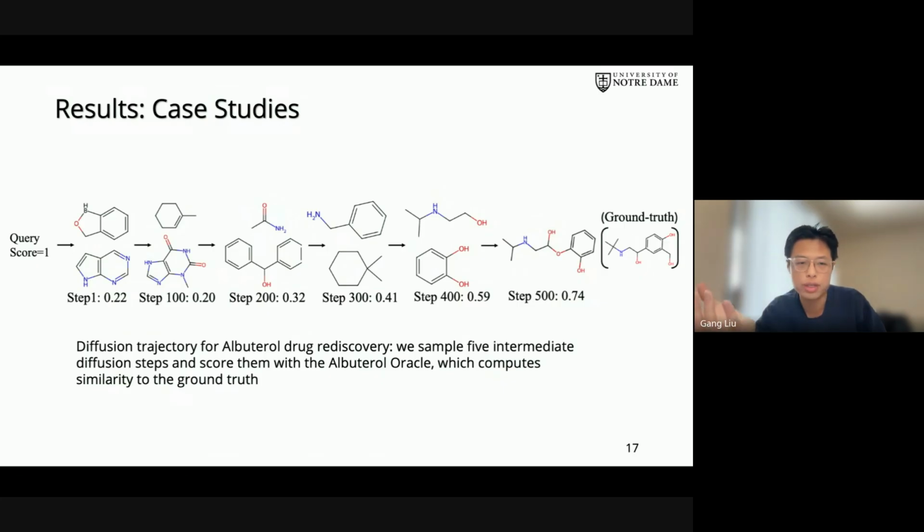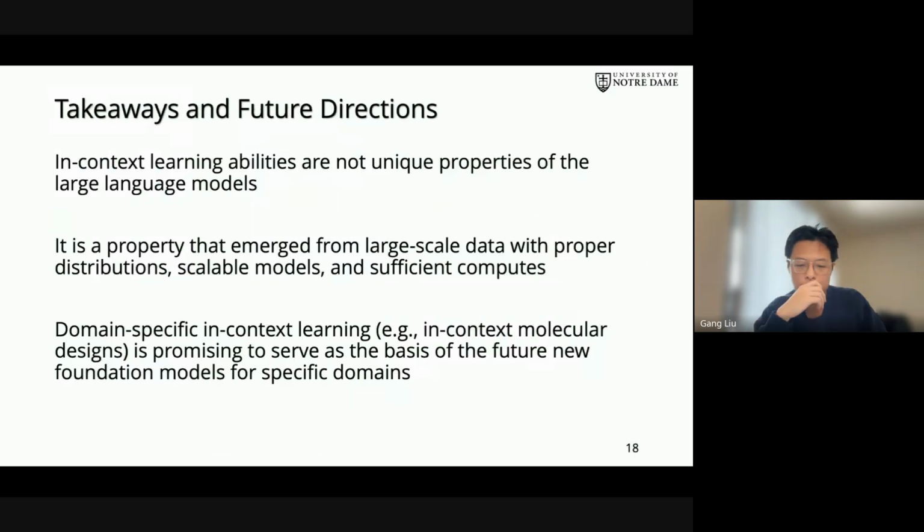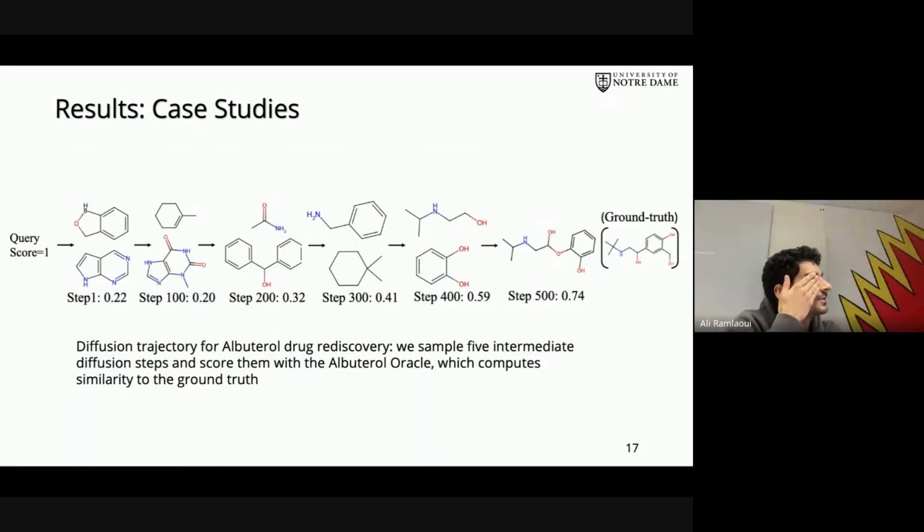An interesting observation is that we label the score at each step. Generally, we can observe that DemoDiff can gradually refine the molecular structure to be valid and close to the target properties. Okay, that's about the work. The previous slide.